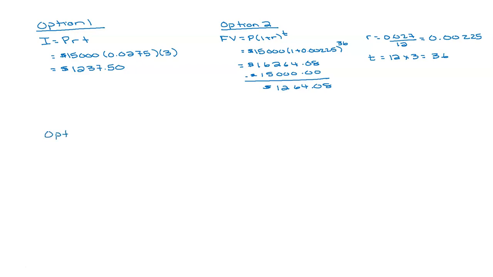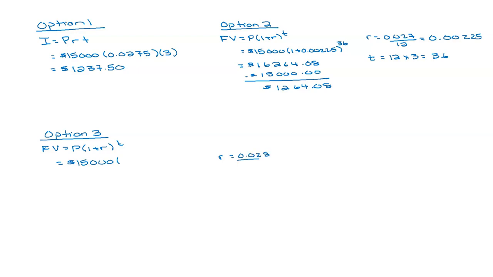And now finally option 3. This is compounded as well. So we'll use FV equals P times 1 plus R to the power of T. So P is 15,000. Now let's work out what R is. The interest rate here is 2.8%.